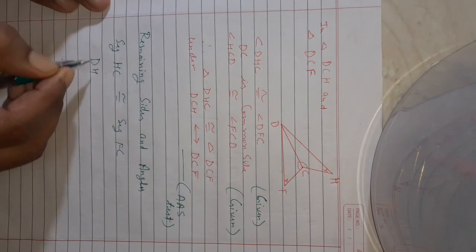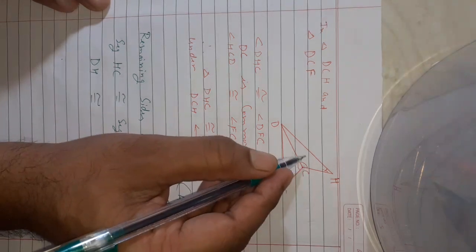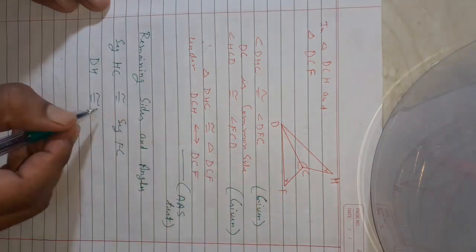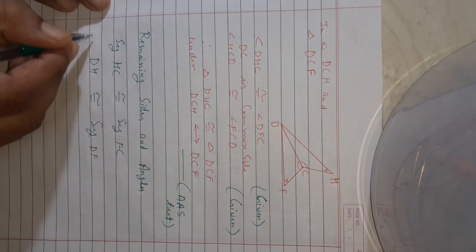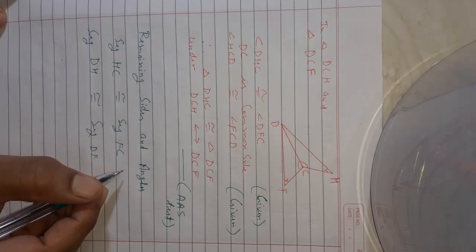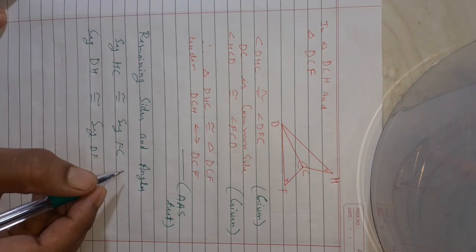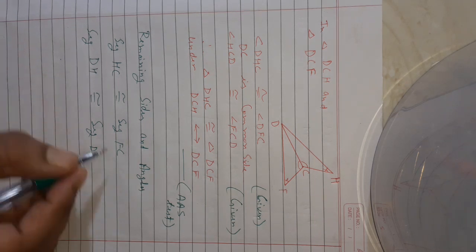Clear? These are the corresponding sides of congruent triangles.